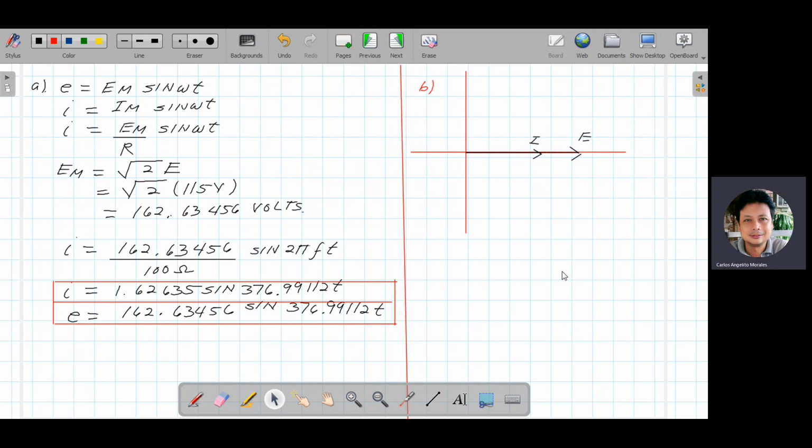So, ito yun, no? And then, sumunod din yung phasor diagram. Wait lang, ha? So, phasor diagram niya, pakita ko lang.